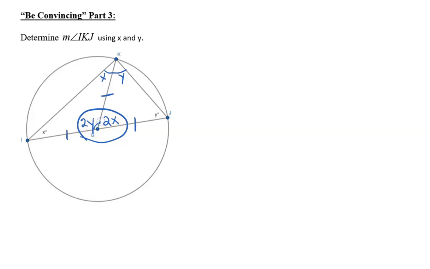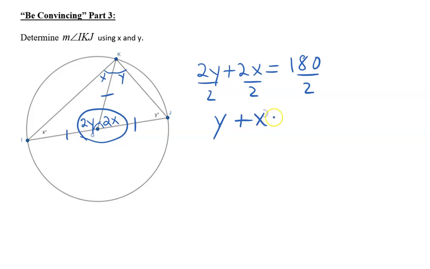These are linear pairs. So linear pairs we know to be supplementary. If I add them together, that would have to equal 180 degrees. Now, doing some algebra, dividing everything by 2, we can see now that we have y plus x equals 90 degrees.